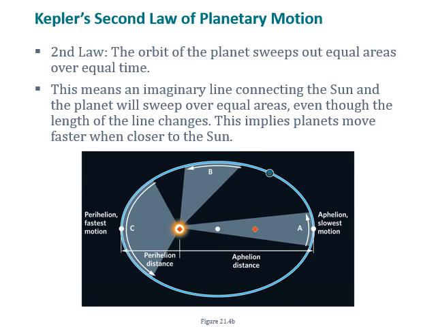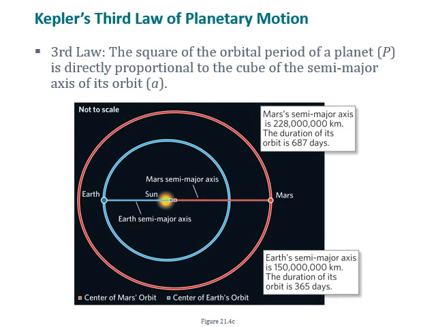Kepler's third law of planetary motion states that the square of the orbital period of a planet P is directly proportional to the cube of the semi-major axis of its orbit. So here we have shown the orbits of Earth and Mars around the Sun, not to scale. Then we have the center of Earth's orbit and the center of Mars' orbit, slightly off from the center of the Sun.